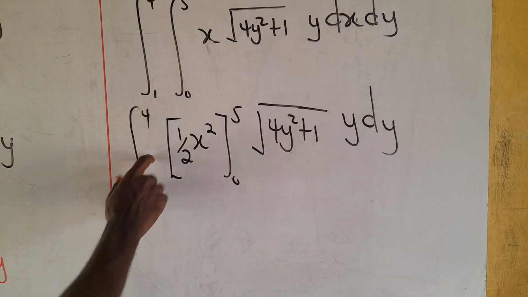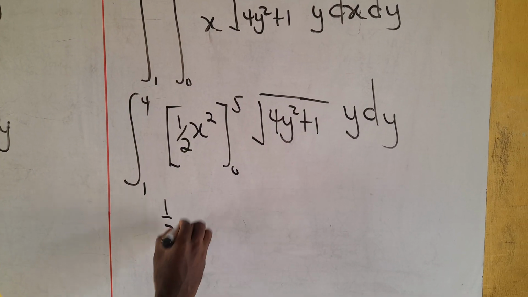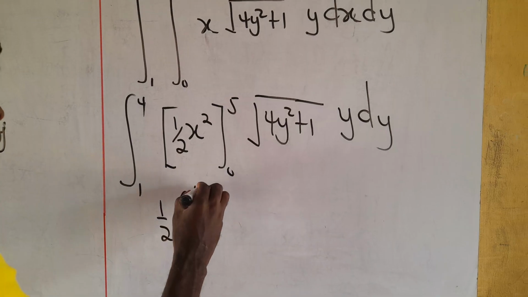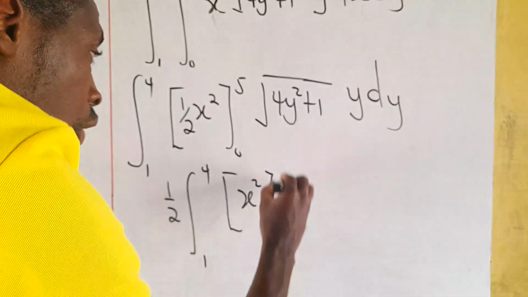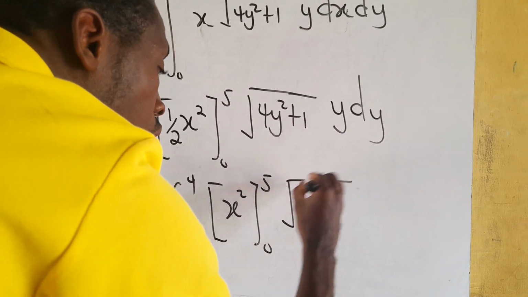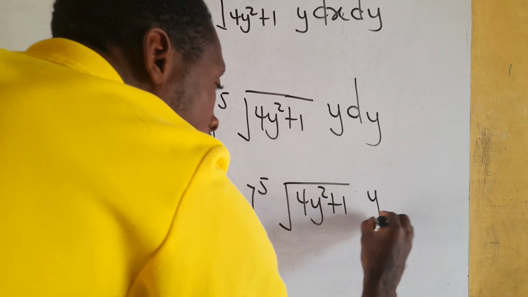Now, I can bring my half out if I wish, so I can say half the integral from 1 to 4 of x squared, evaluated between limits, times the square root of 4y squared plus 1 y dy.